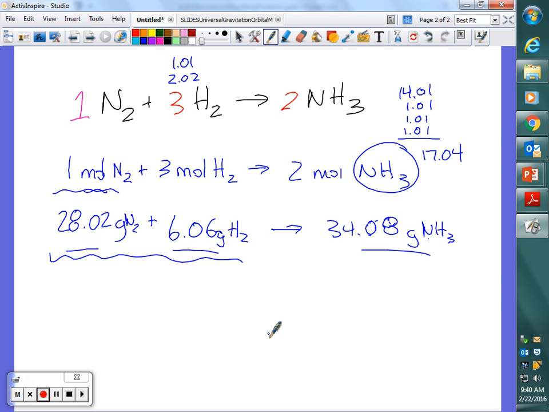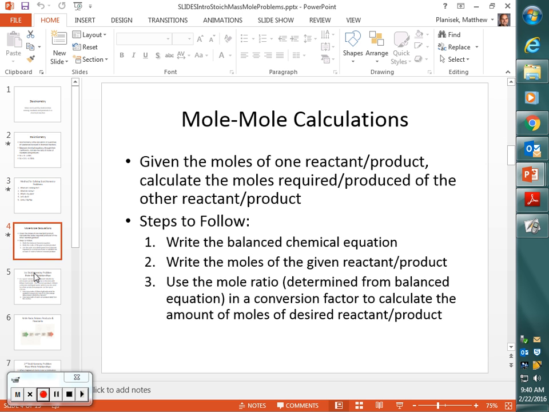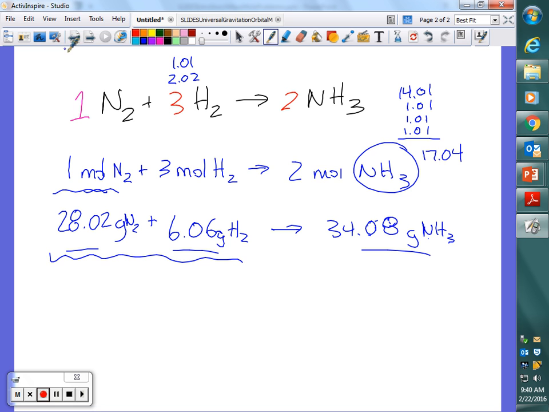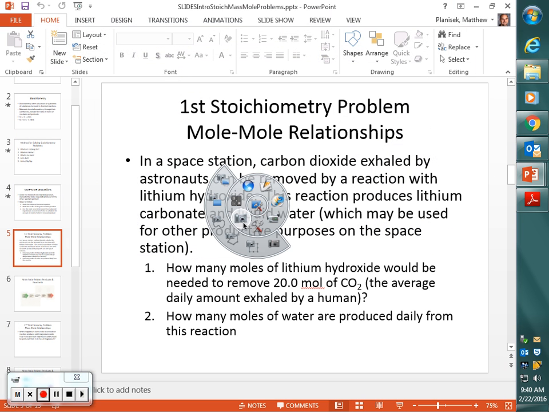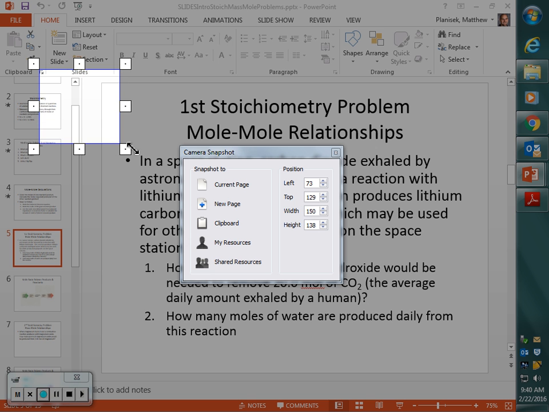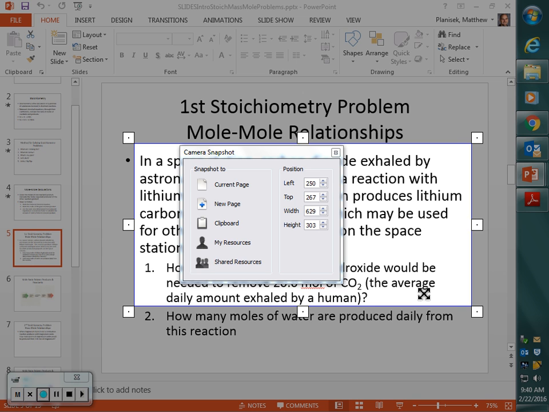Okay, all right, well, let's take a look at the bottom of your sheet, the bottom of your outline, okay? And it has this problem down here.